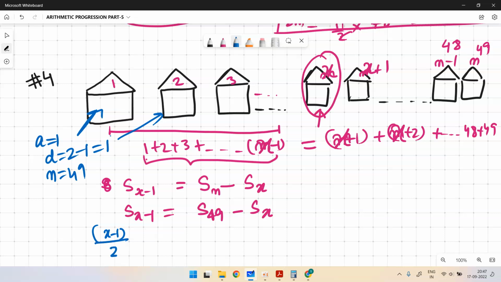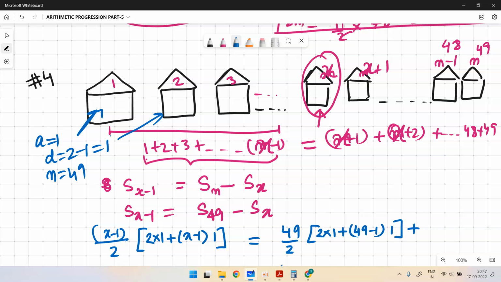So this is n by 2 into 2a plus (n minus 1)d, which is 49 by 2 into 2a plus 49 minus 1 into 1, minus S of x, which is x by 2 into 2a plus x minus 1, d is 1. Now the 2s all get cancelled.